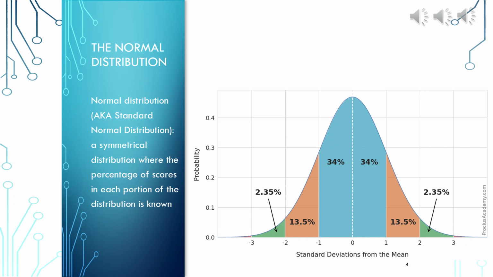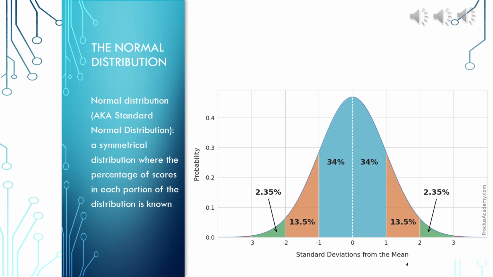But for now, what you can see here is in the standard normal distribution, looking at just the percentage numbers on either side of the mean, remember the mean is always 0 standard deviations from the mean because it is the mean. You can see there's 34% of all the data points that fall between 0 and 1 standard deviations, and also between 0 and -1 standard deviation.